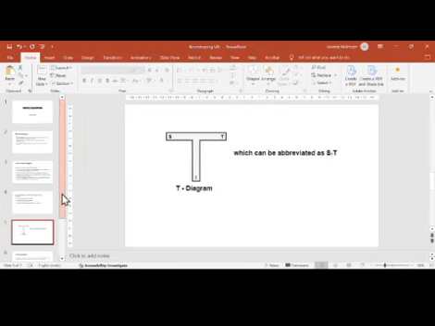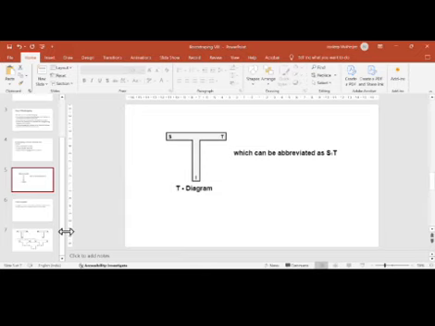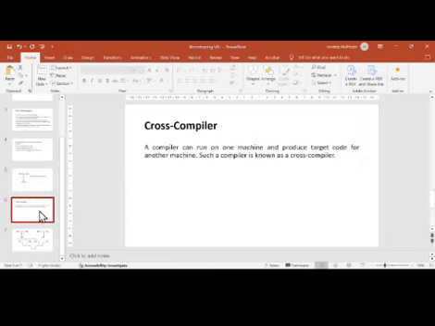Now we are going to see what a cross compiler is. What is a cross compiler? A cross compiler can run on one machine and produce the target code for another machine. Such a compiler is known as a cross compiler.